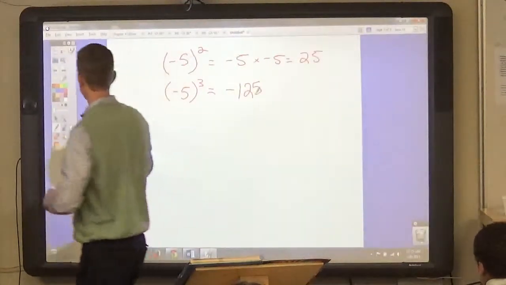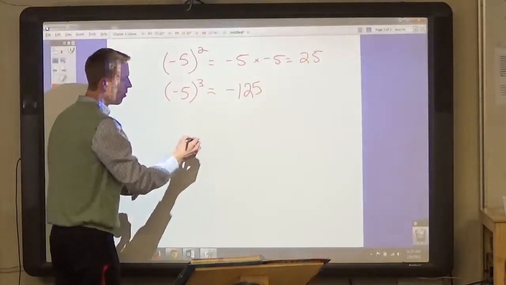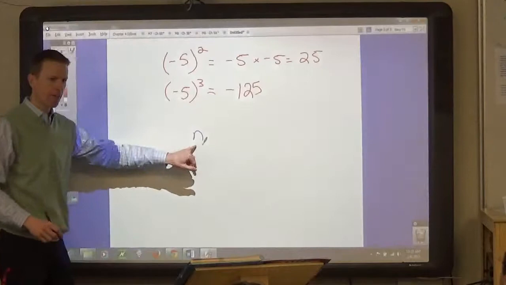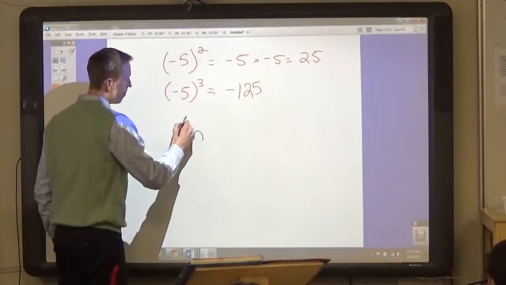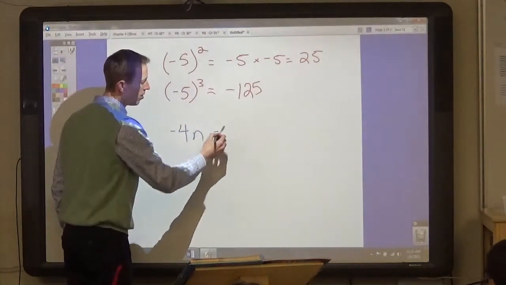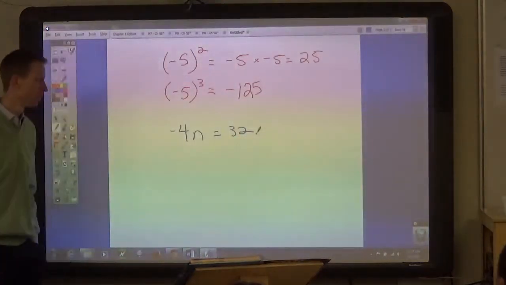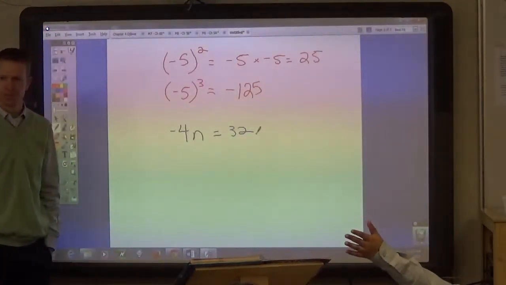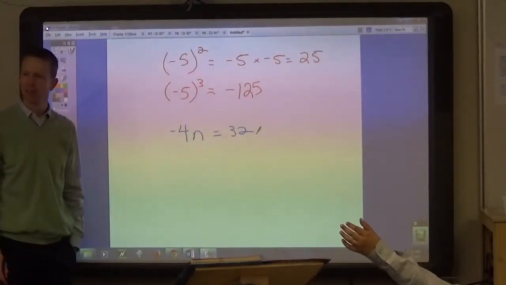One more type of problem that you'll need to do. What if we don't know what a number is? We use a variable for that. What is negative 4n equals 32? What does n equal? What would n have to be?